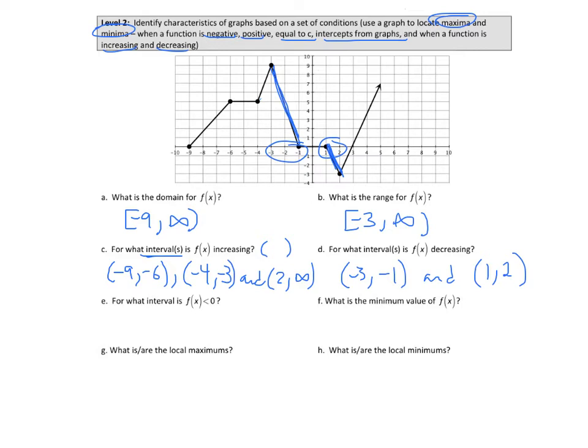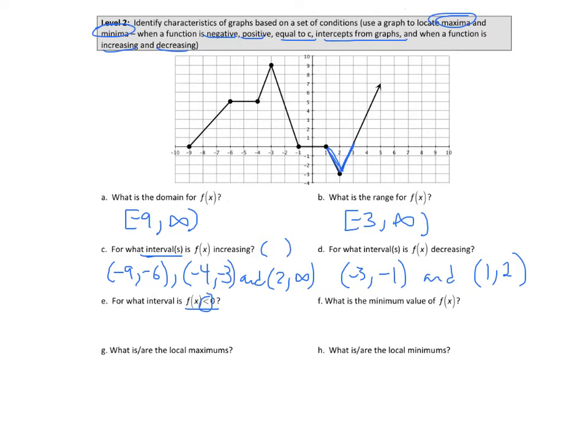Okay, and then for the next part, part E, for what interval is f of x less than 0? This is asking when is the graph negative, or when is it below the x-axis. It is negative right here. This is the only part where the graph is below the x-axis. And I'm going to use a parenthesis in this case because I don't have the or equals line.